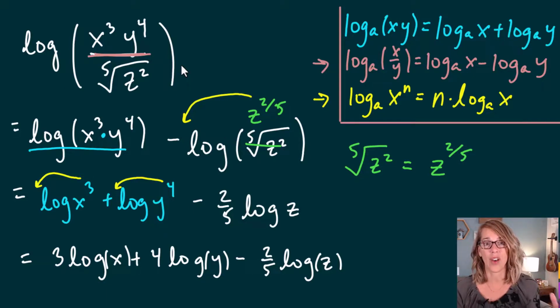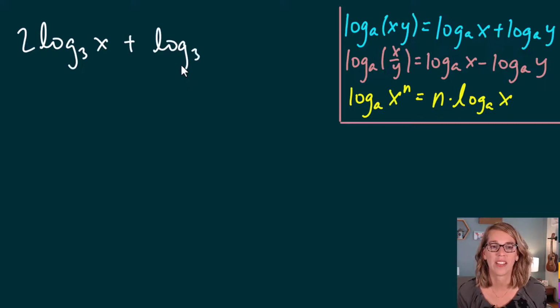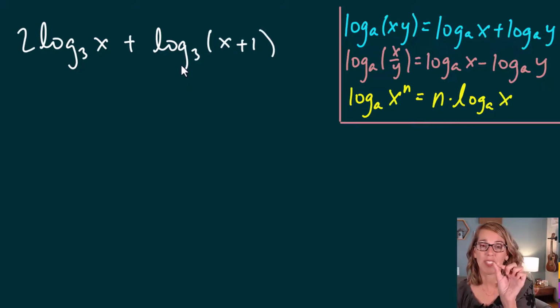So I'm going to take one that's already expanded and we're going to put it into a single logarithm. In this next one, we've got 2 log base 3 of x plus log base 3 of x plus 1. Combining into a single logarithm is our goal, and this is a really important skill for solving equations with logarithms.